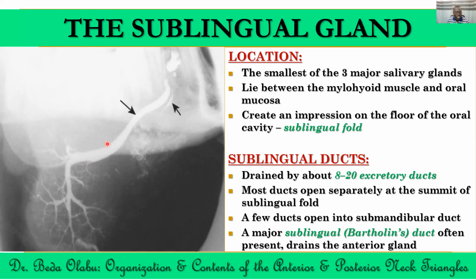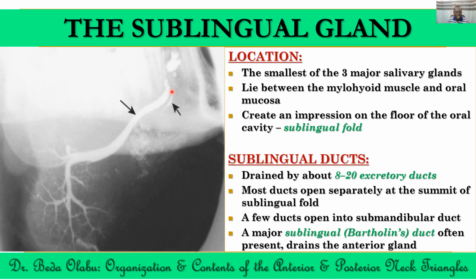And this is occasionally seen in sialogram because the major duct of the sublingual gland opens together with the duct of the submandibular gland, which we call the submandibular duct.